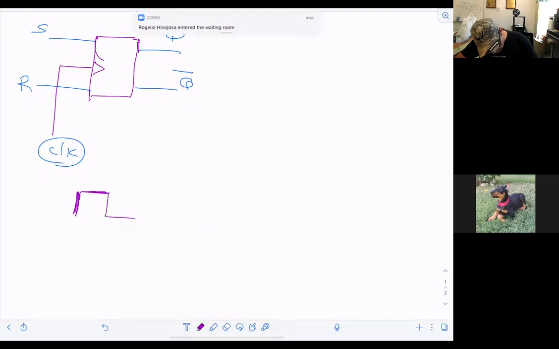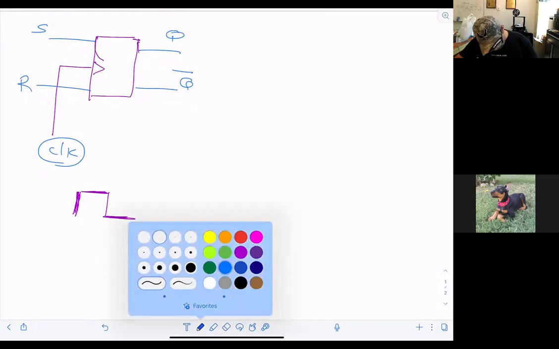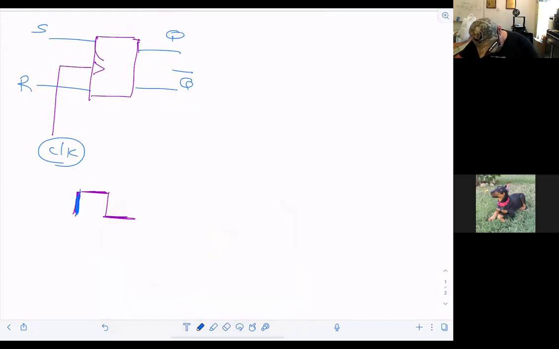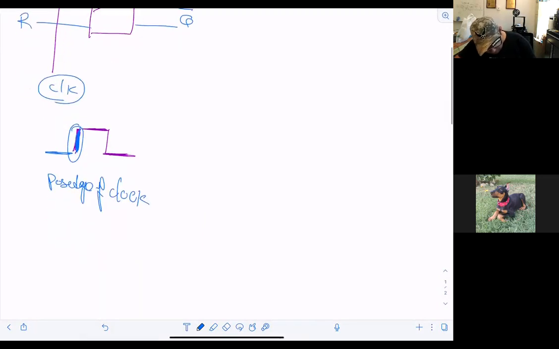So if you look here, here is the clock, right? If I go like this, that means from low to high, this is the positive edge of the clock, or they call it rising edge. And then there is another one, which is this one. I'm going from high to low.